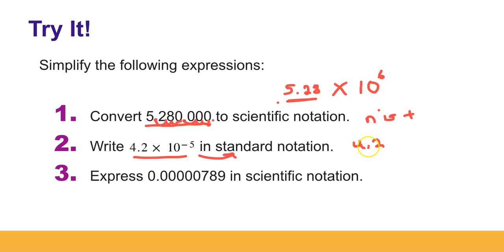I'm going to move it to the left because if my decimal goes to the left, it makes the number smaller. Okay, so we're going to go 5 to the left. I should have given myself a little more room there. But 1, 2, 3, 4, 5. 1, 2, 3, 4, and 5.